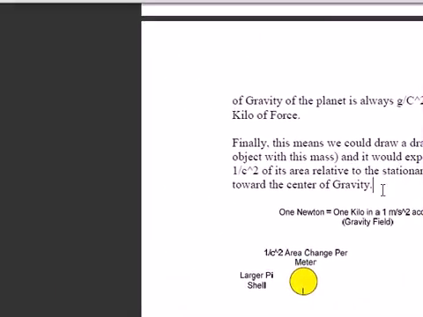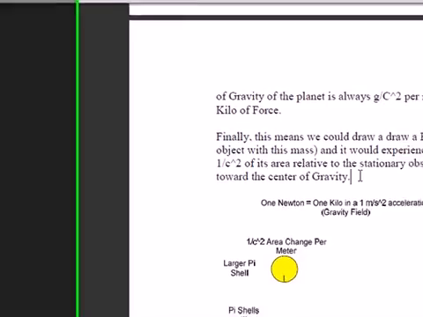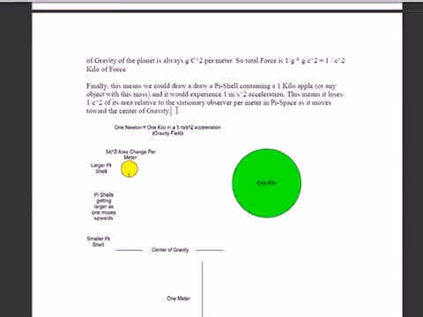Now, let's just try and draw this. You can have an apple, and you can have an apple with 1/10 of a kilo in a gravity field which is 10 times the unit gravity field, 1 over c squared.